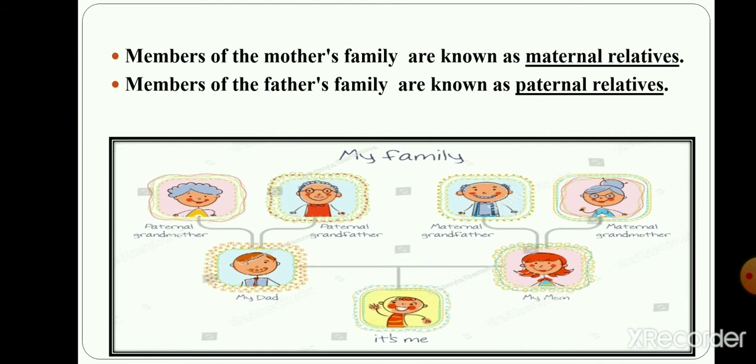Members of the father's family are known as paternal relatives, for example, your uncle, your aunt. We meet our extended family on special occasions like festivals, birthdays, and weddings.